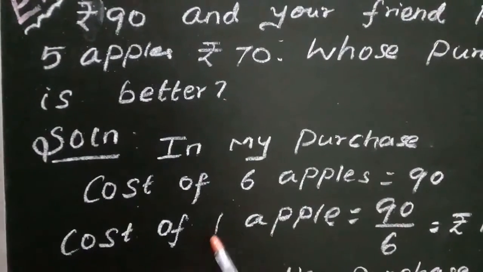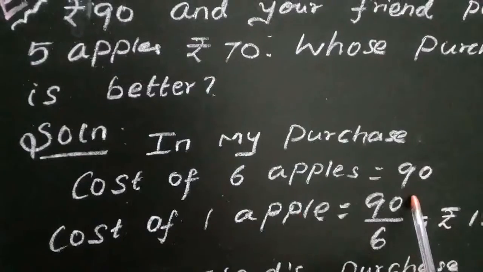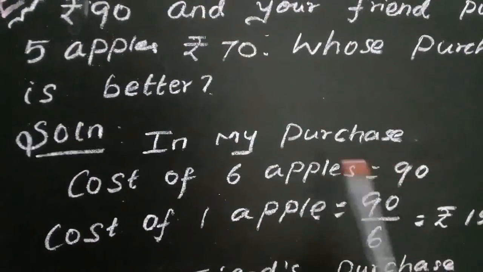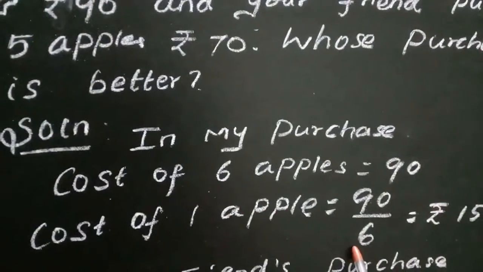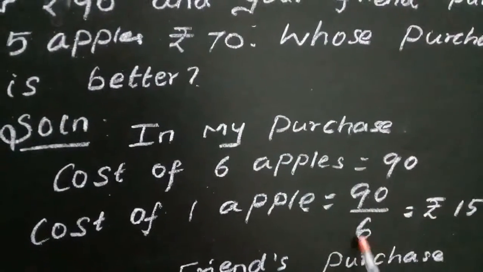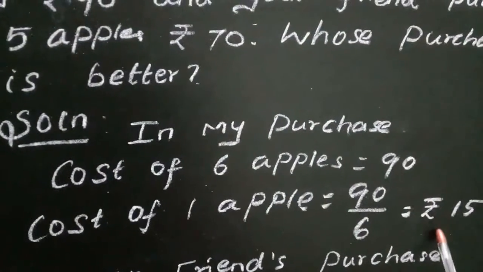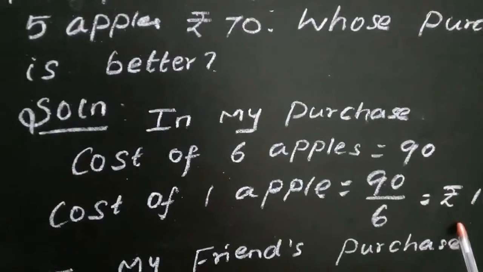We have to find the cost of 1 apple. So 6 apples for 90 rupees means 1 apple is 90 divided by 6. So in the 6 table, 90 how many times? 15 times. So 15 sixes are 90. Therefore the cost of 1 apple equals 15 rupees in my purchase.